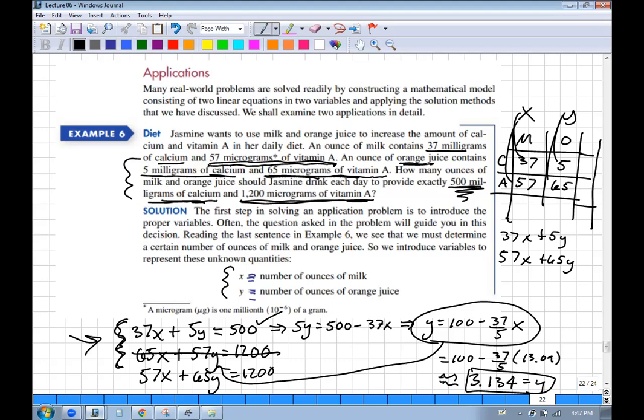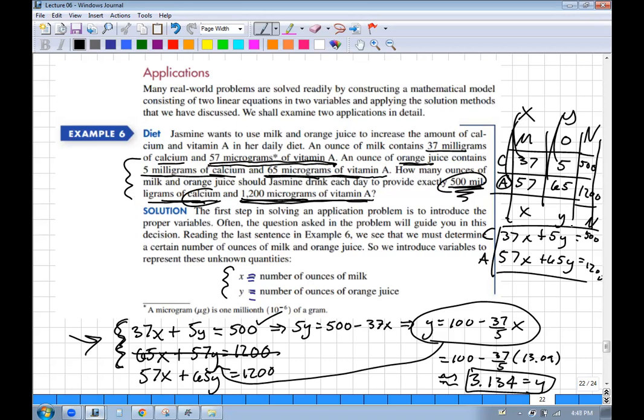Over here, I put N for needed. We need 500 milligrams of calcium, and 1200 of vitamin A. So I could put 500 and 1200. If you draw the chart, it makes it a lot easier. X, Y, N, and then calcium and vitamin A. So it's basically just the chart.